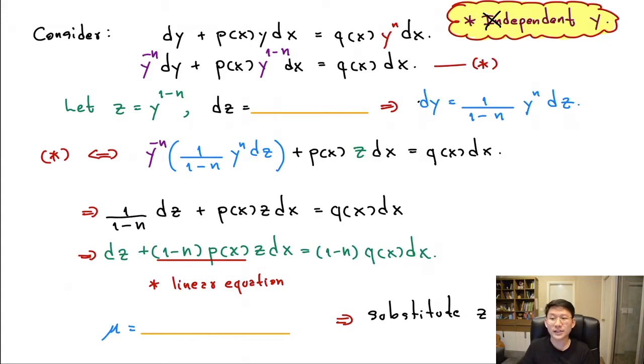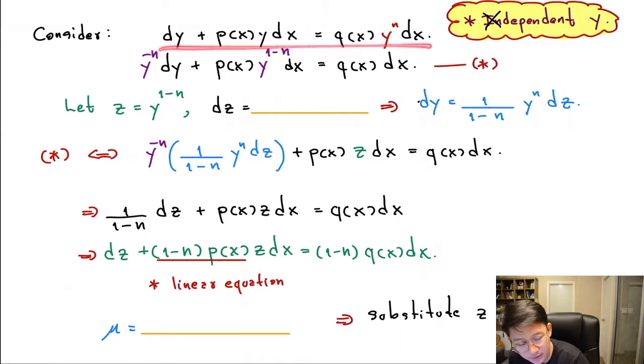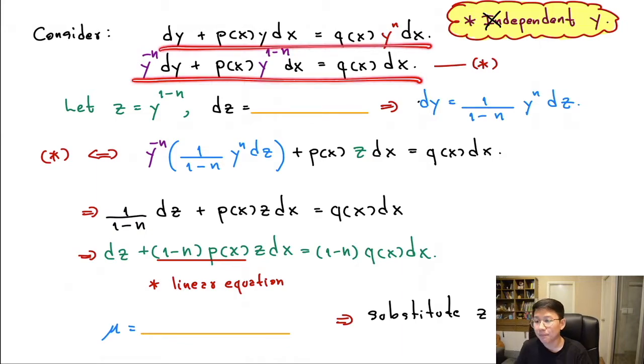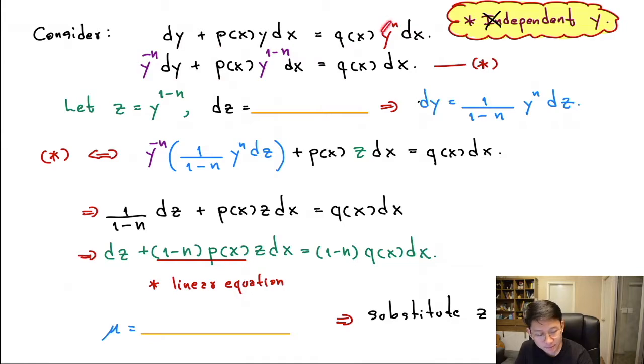So when y is dependent, first we're going to divide the whole equation by y to the power of n, just to get rid of y to the n, okay? So we have this. Make sense? And then we let z be y to the power of 1 minus n.